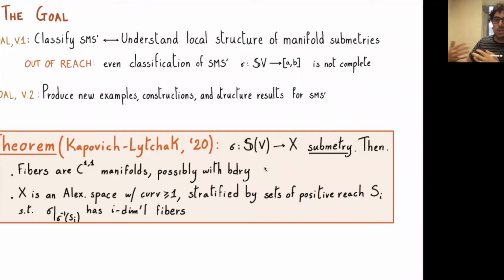In their case, they proved some nice results in terms of regularity of fibers being C^{1,1} manifolds, possibly with boundary, and the structure of the quotient being an Alexandrov space with curvature bigger than or equal to 1, with a nice stratification. We're not going to use these things. I just wanted to mention that there is some nice classification already before adding the information of the fibers being smooth.